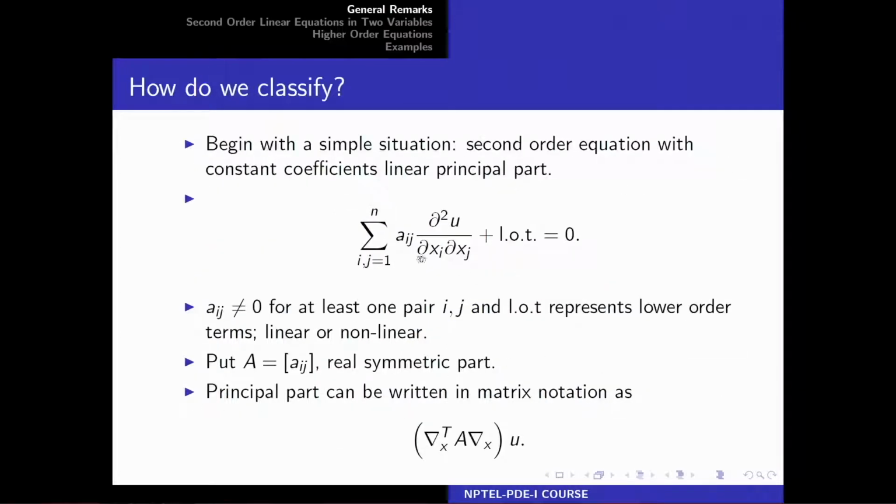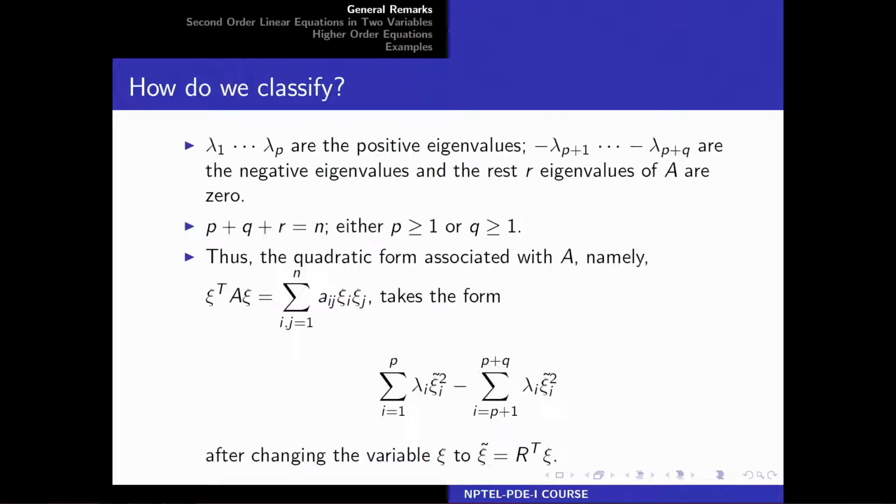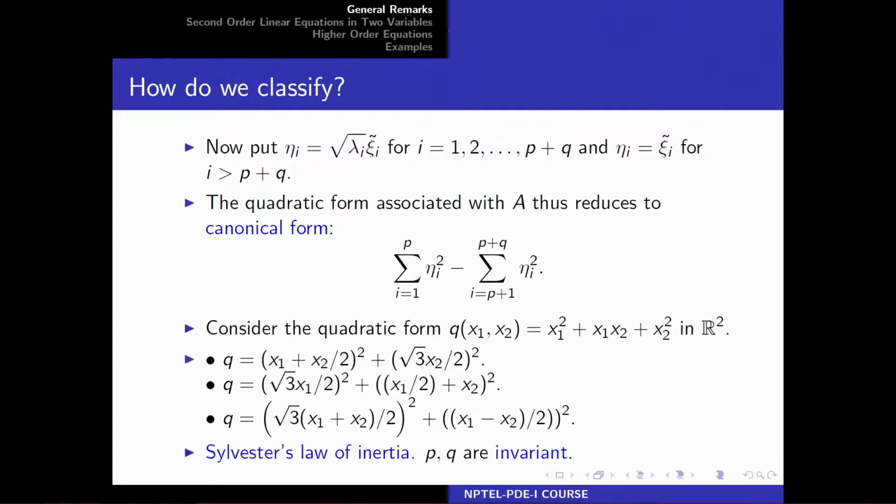So, this equation, and now we are considering variable coefficients. So, these a i j depend on a variable x in some open set in R n. So, how do we classify now?